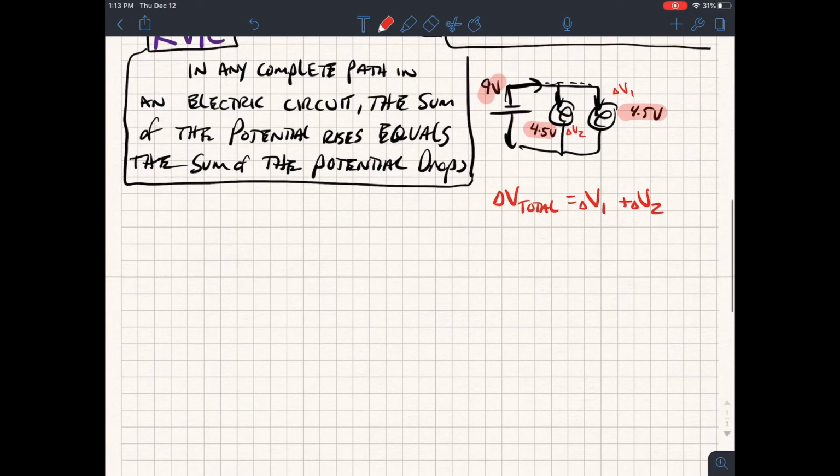We can also take a look at resistance, because as we know through Ohm's law, there's a relationship between resistance, current, and voltage.